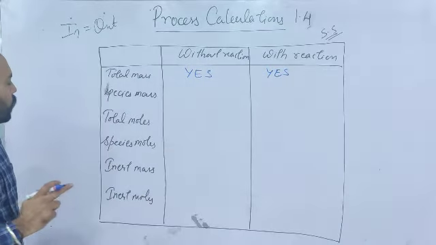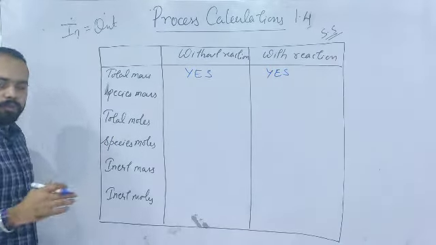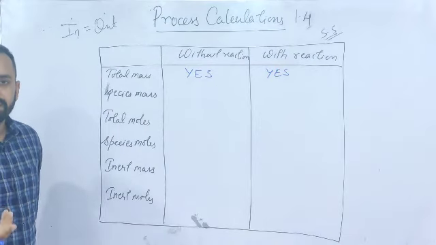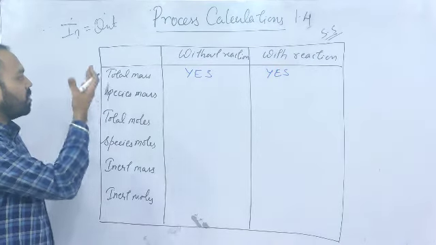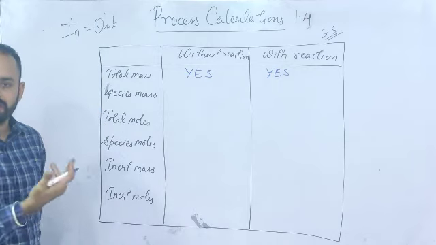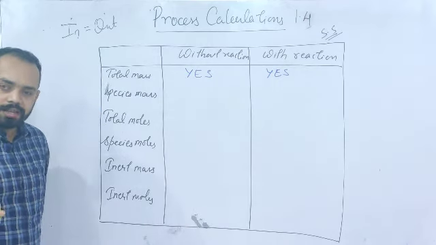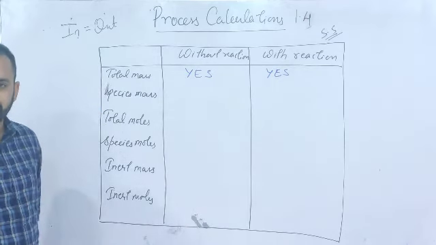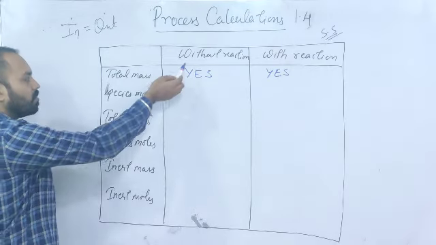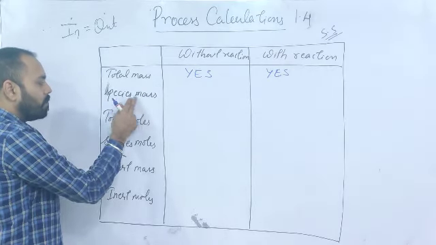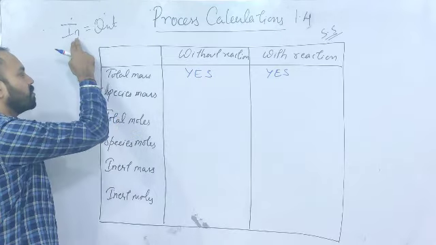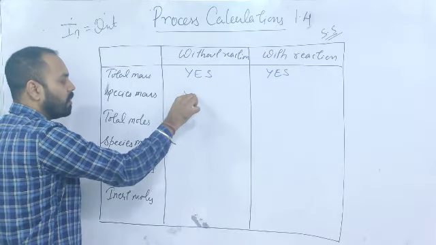Fine. Now, when I'm talking about species mass, what is the meaning of species? The components, right? Suppose in this case nitrogen, hydrogen, ammonia were the species. In case of crystallization, suppose water, sodium carbonate were the species. Fine. So when there is no chemical reaction, when you write the balance of species mass, the equation becomes in is equal to out. So yes, this is valid.